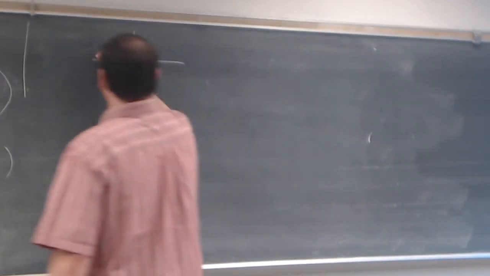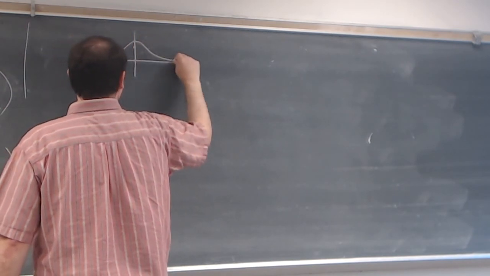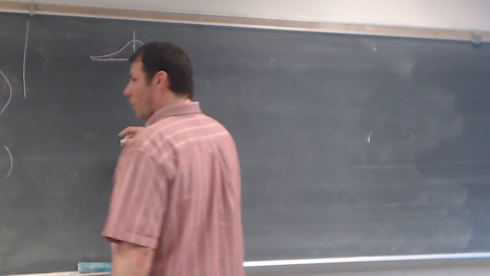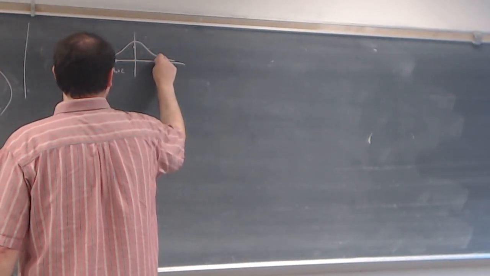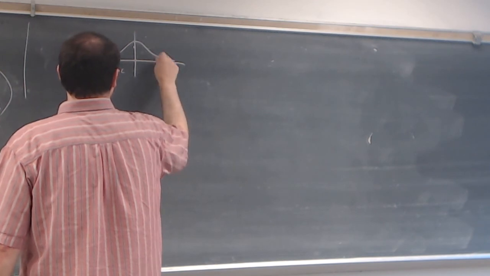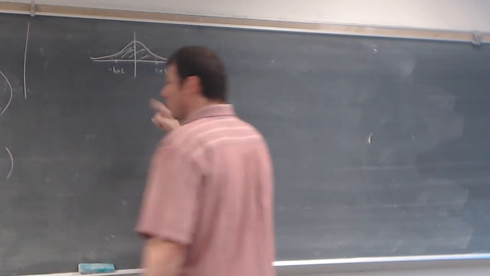As a function, what it looks like is this bell-shaped curve. And so what we're looking for is to integrate that from minus 1.02 to positive 1.02. That integral represents this area under this curve. That's what we're looking for.